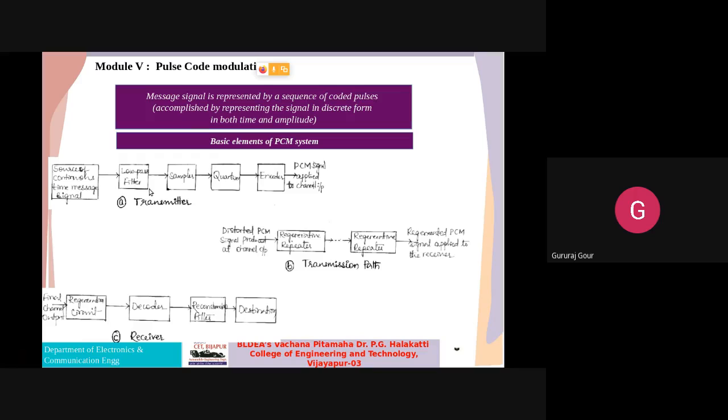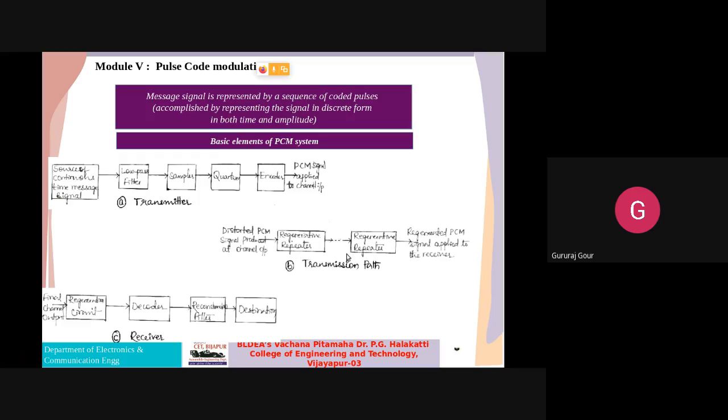Followed by that, we have the low pass filter, or pre-aliasing filter. These are known as pre-aliasing filters because this is the first low pass filter appearing before the input message signal. The message signal first passes through this LPF. That is why it is known as a pre-aliasing filter. Pre means in advance we are taking care of the aliasing effect.